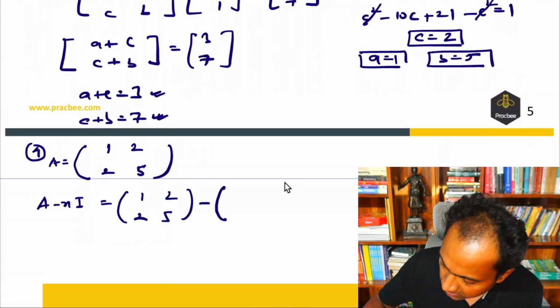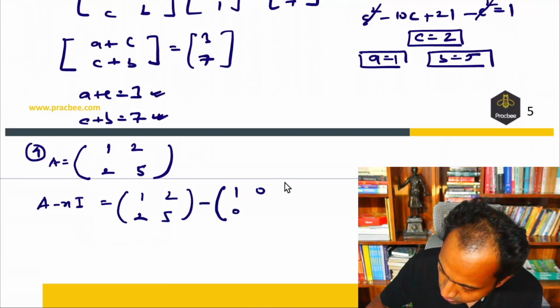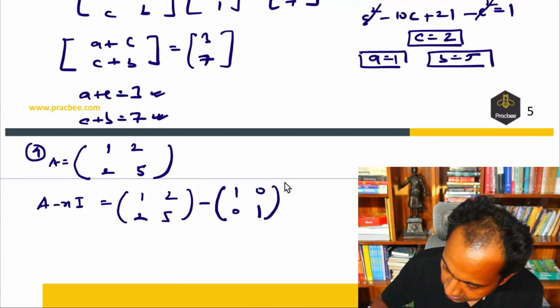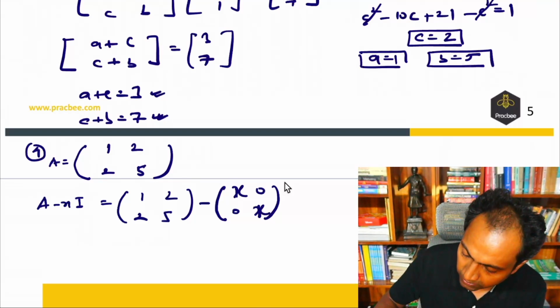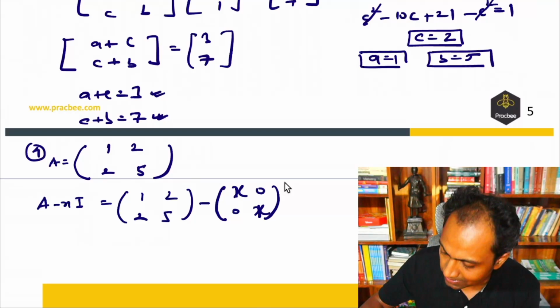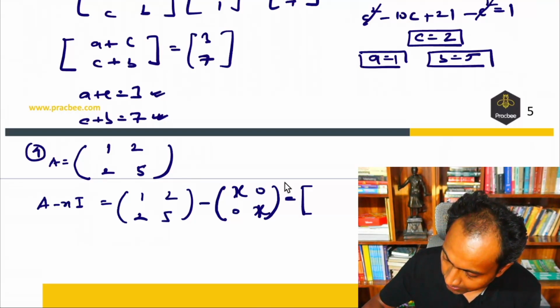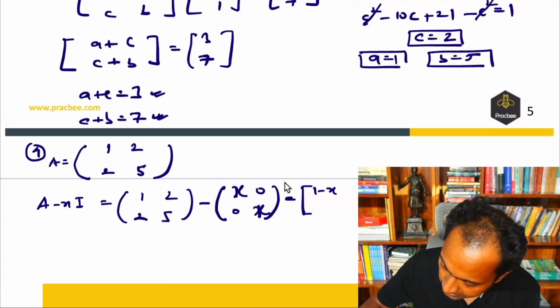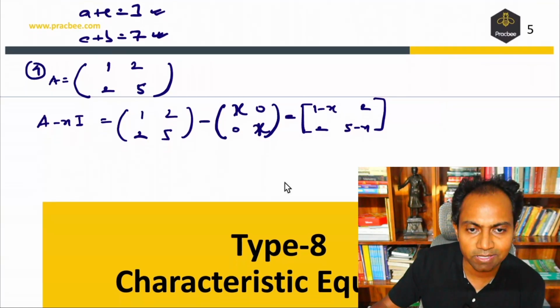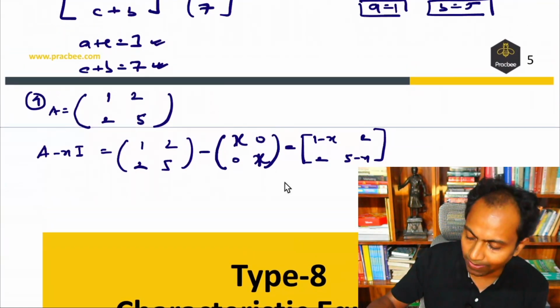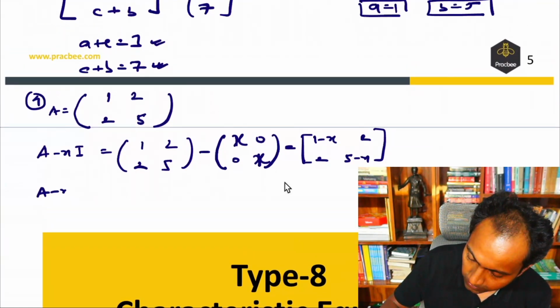If I subtract from it 1, 0, 0, 1, but you can see that it is multiplied by x, so this will become x, this will become x. If I do so, what am I getting as a result? You are getting a matrix that looks like this: 1 minus x, 2, 2, 5 minus x. Now, if I take this and make it a determinant.